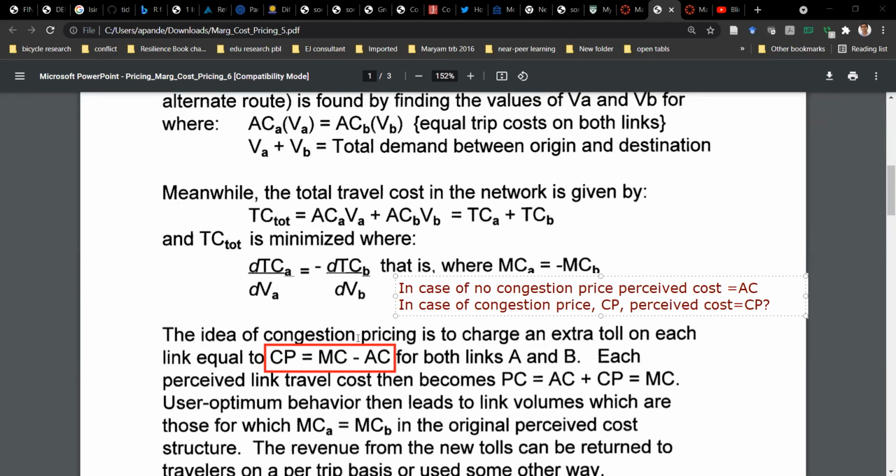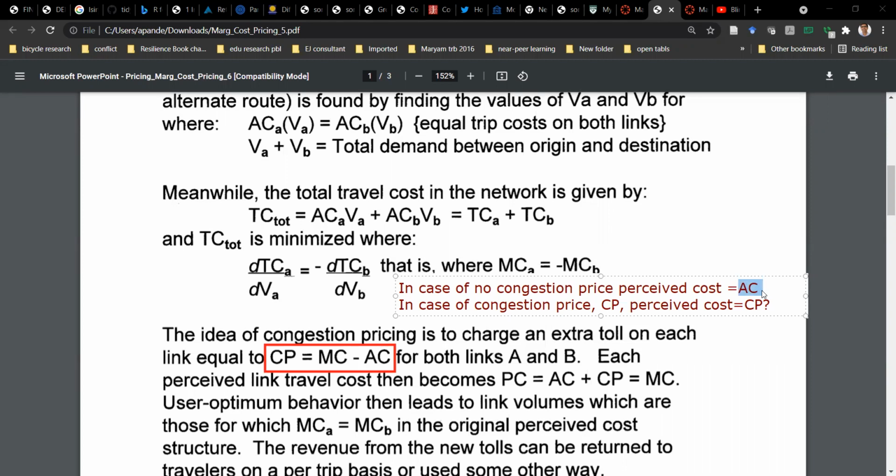If there was no congestion price, so you're not paying any toll or anything like that, then your perceived cost that you're trying to minimize is basically the average cost. It's the time that you as one traveler will take from your origin to your destination. So any link that has no toll, your perceived cost is always just the average cost, right? It's the cost that you're incurring by traveling on that road.